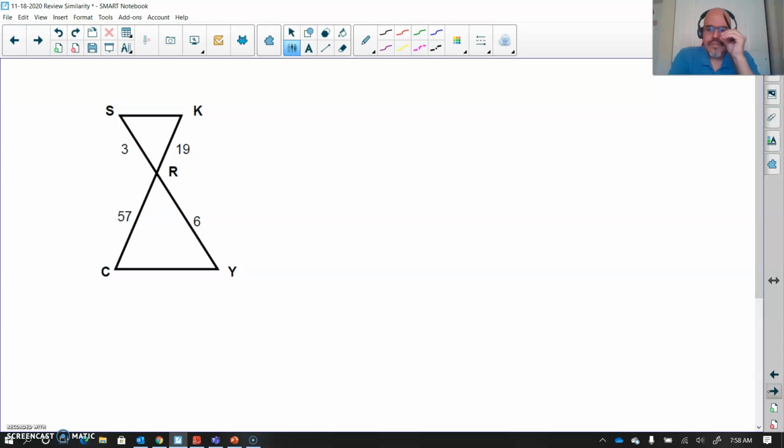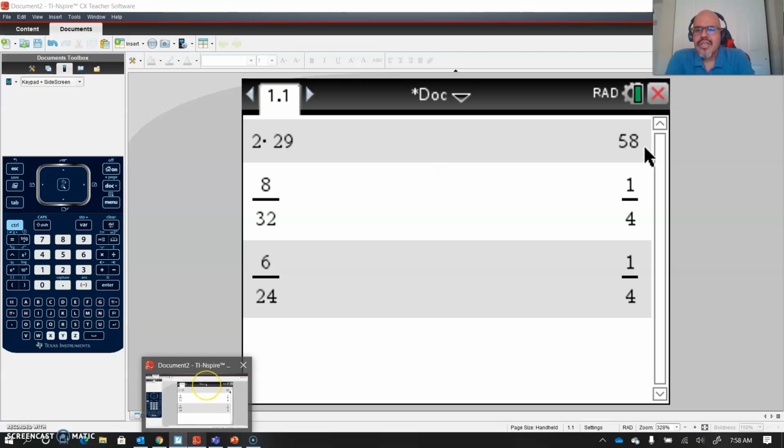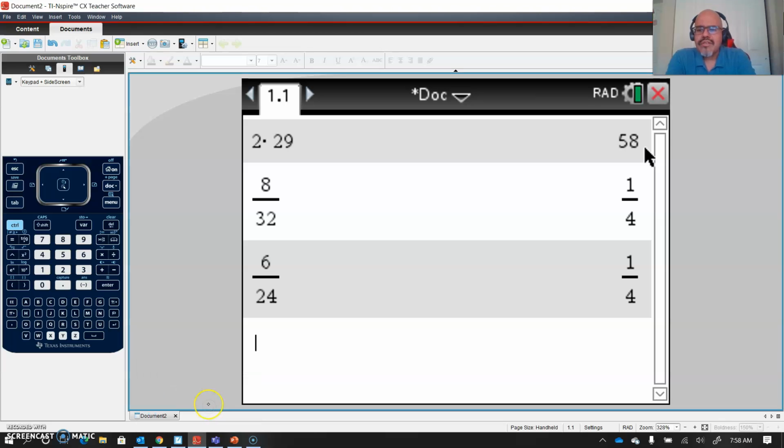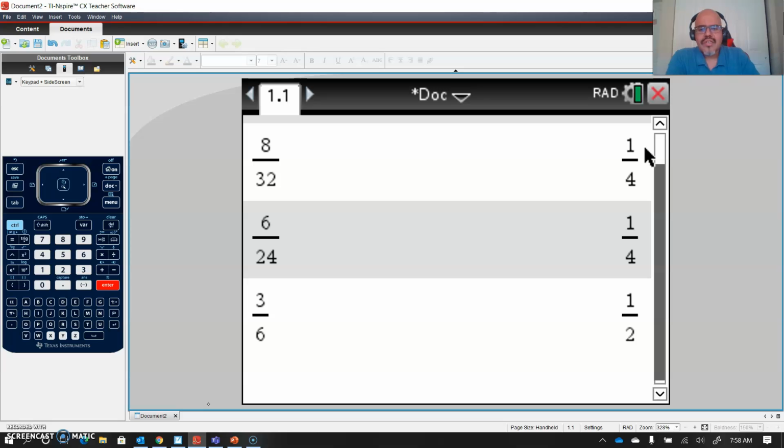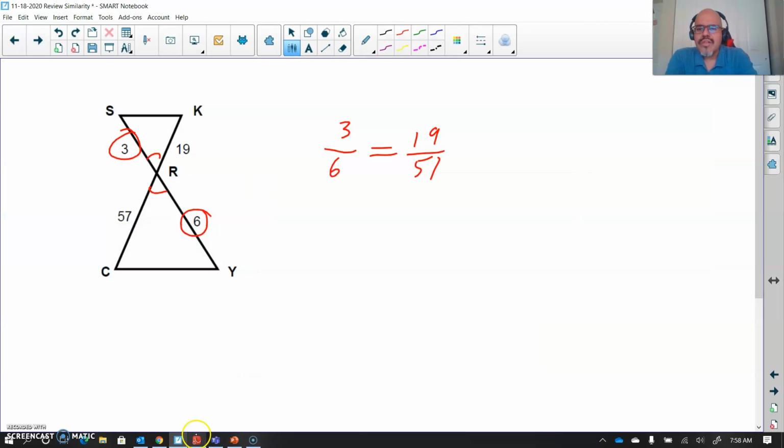Okay, let's check this one. We have this angle in common. We have this side and this side, which look to be corresponding. So we have a 3 to 6, and this is 19 to 57. So we're going to go ahead and check that. 3 divided by 6, that's 1/2.